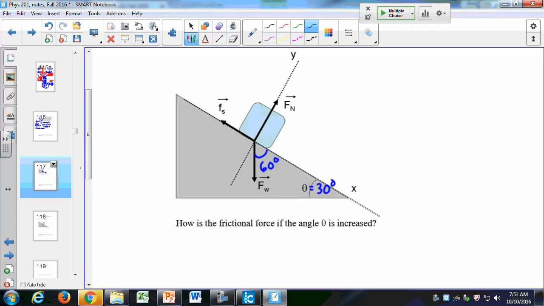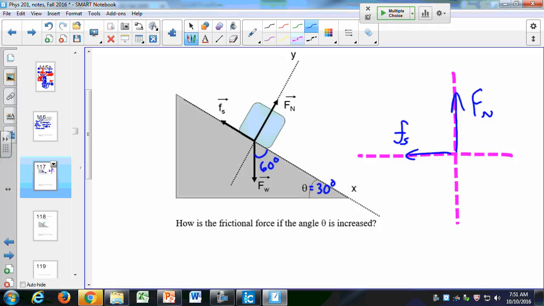And if I draw my coordinate system over here, I can redraw my forces. I have Fn, Fs, I have Fw cosine 30, excuse me, Fw sine of 60, which is the same, by the way, as Fw cosine 30 as we talked about last time. And then here I would have Fw cosine of 60.